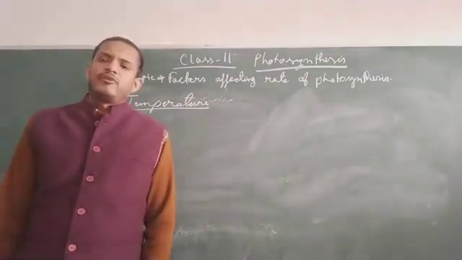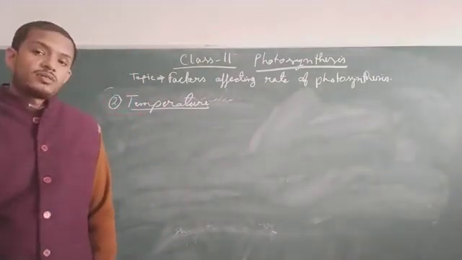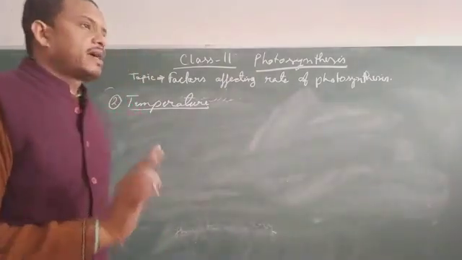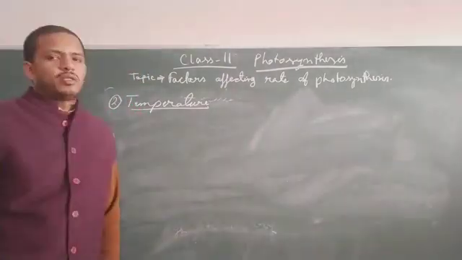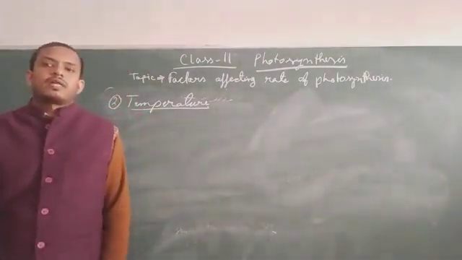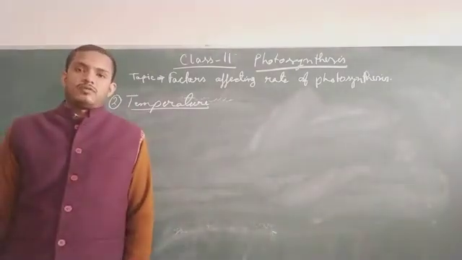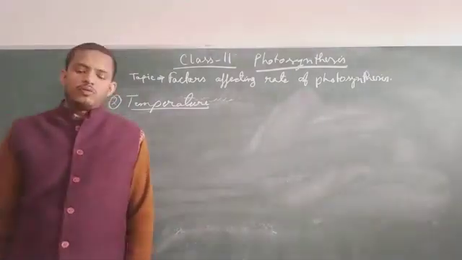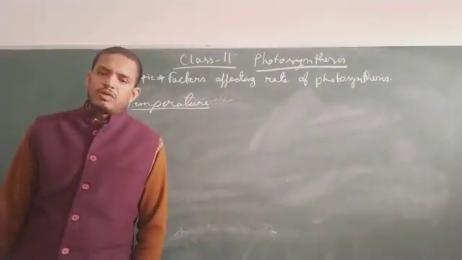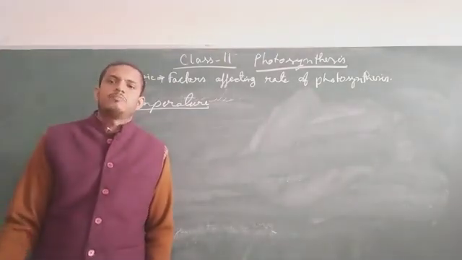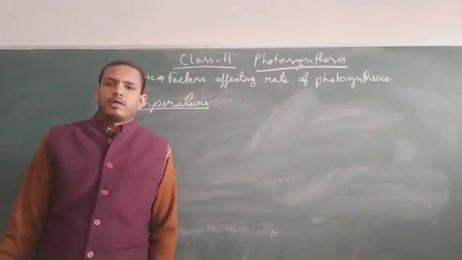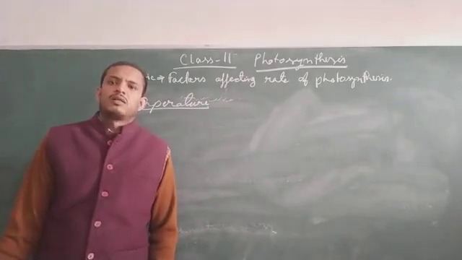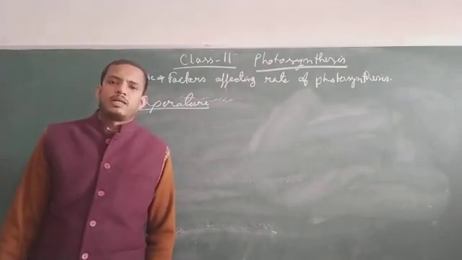See, there is a wide difference between the light and temperature factors. Light acts as something different and temperature is different. Temperature can be there in the absence of light also. Yes, when the sun is not there, like in the night, there is also temperature, because the heat is absorbed by matter or objects, or you can say the soil, which slowly emits it. That also maintains the temperature.